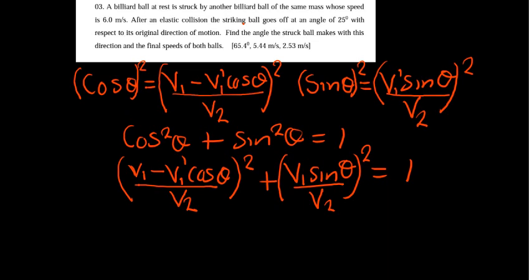Therefore, kinetic energy initial must equal kinetic energy final, meaning in this collision energy was conserved. Therefore, we can use this equation, kinetic energy initial equal to kinetic energy final, to solve for these missing velocities, because using only the equation on top here, which we just derived, is not enough.